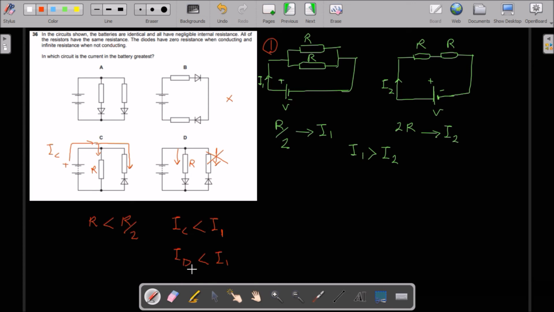I1 is the circuit of number 1, which is choice A. If you consider R and R, you can see that current can pass from this diode and also from this diode, and it is the same as circuit 1. So when R is the smallest, current will be the greatest. That's why choice A is right.